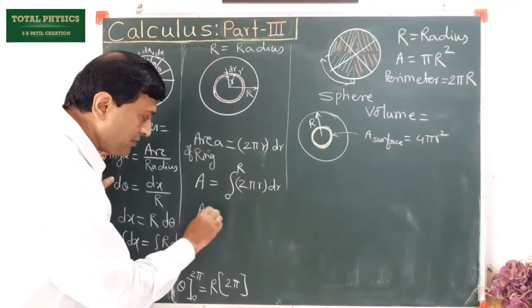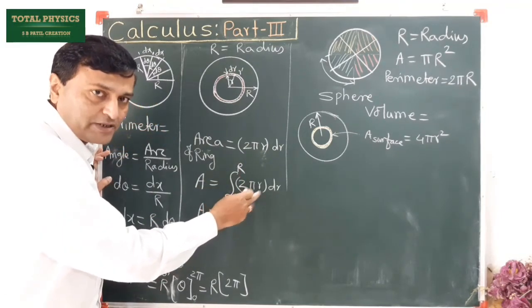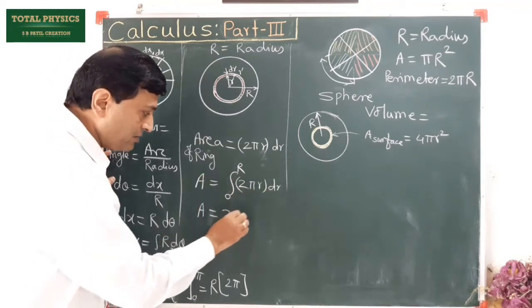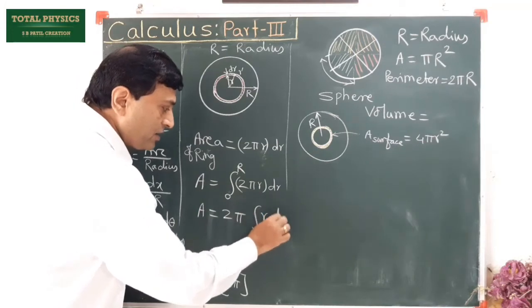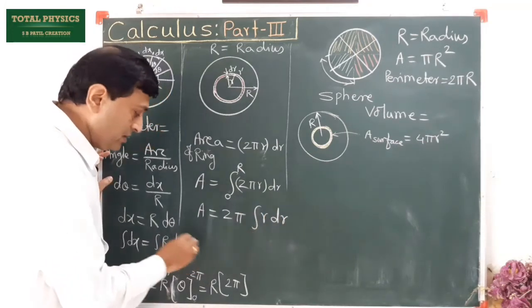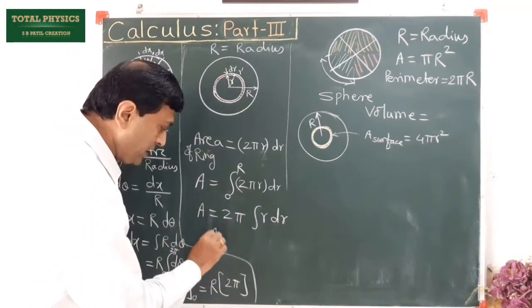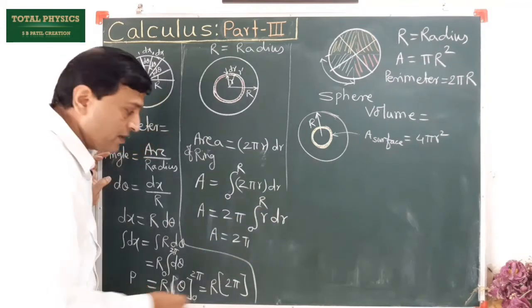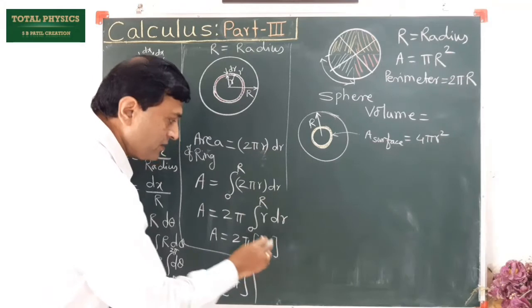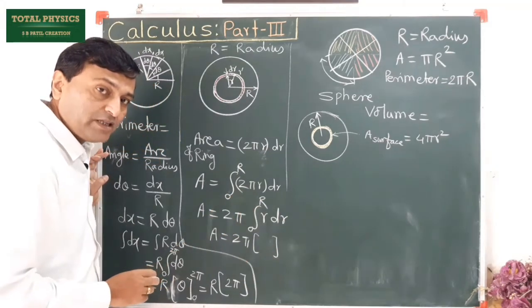Then the area will be, this 2 is constant, this pi is constant, take them outside, it will become 2 pi, and the integration of r with respect to r, from 0 to R. What is the integration of r with respect to r?